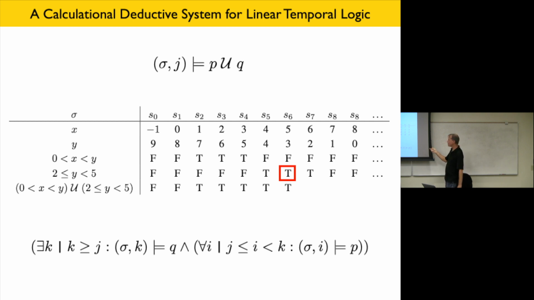In fact, what is this? What do we know about P until Q if Q is true at state K?